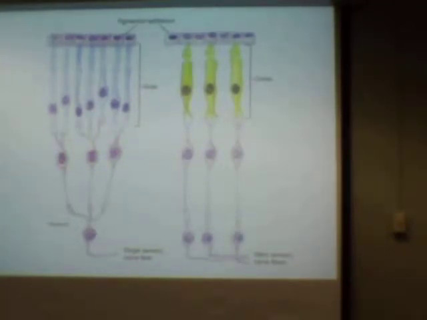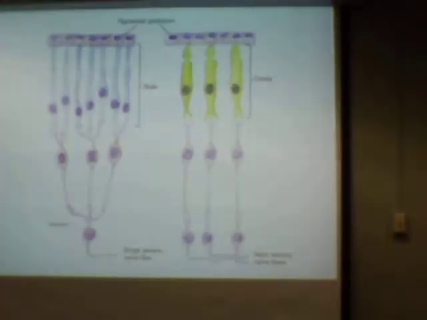You can see the rods and cones have their own neuron linked to them. That neuron below those green lines, what kind of neuron is that structurally, do you think? Bipolar. So these are bipolar neurons here.